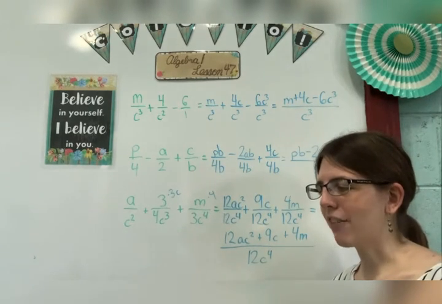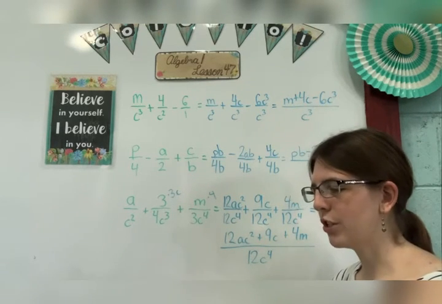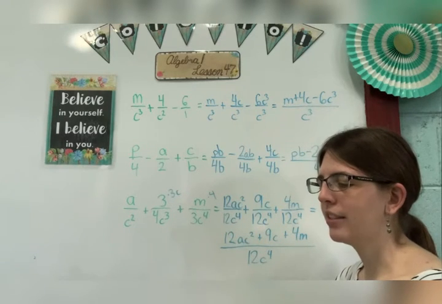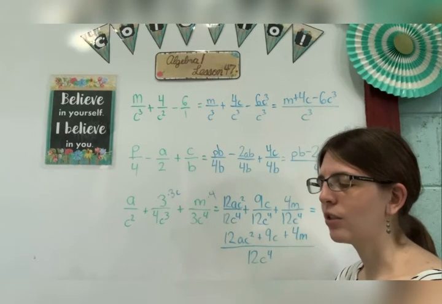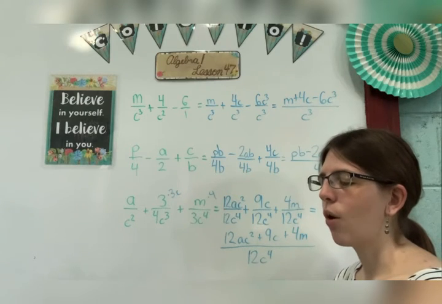Okay, you should be back from your practice. The answer to letter A should be 20y plus 4x plus xy over 4xy.